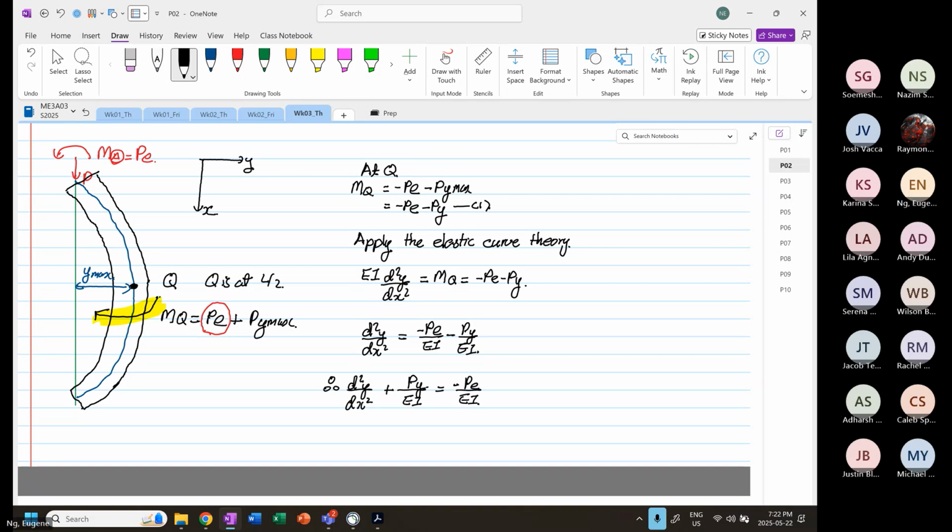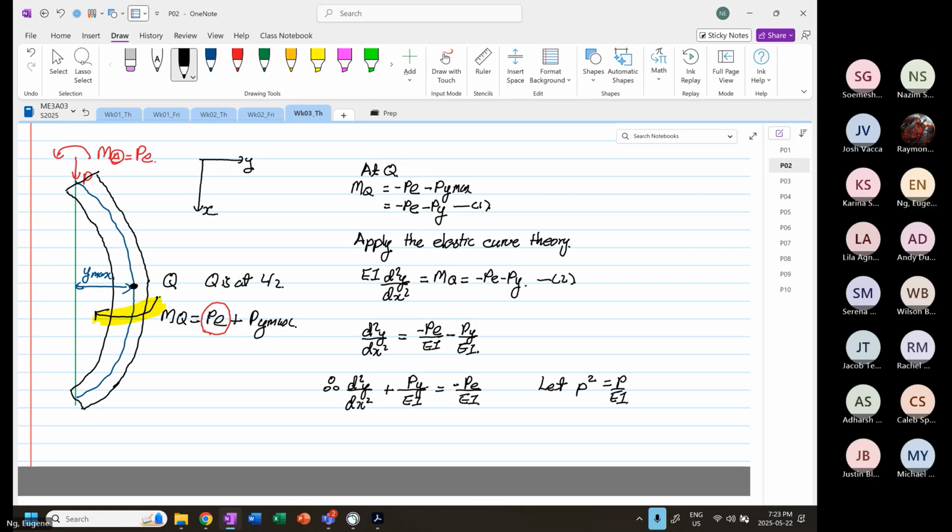From here, we are going to let small p squared equal P over EI. Can you write down that this is our equation number 2.